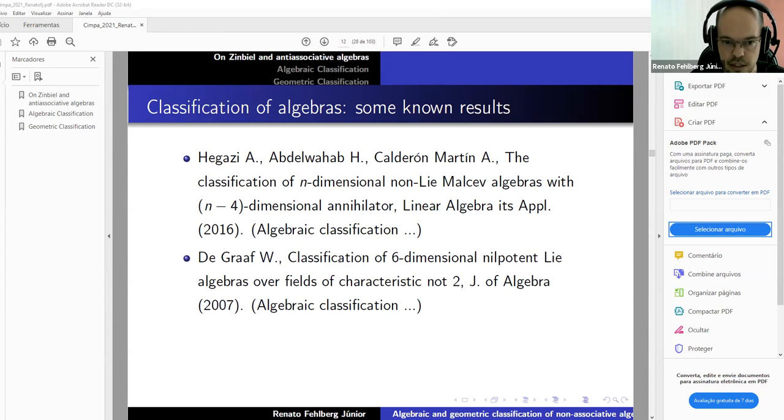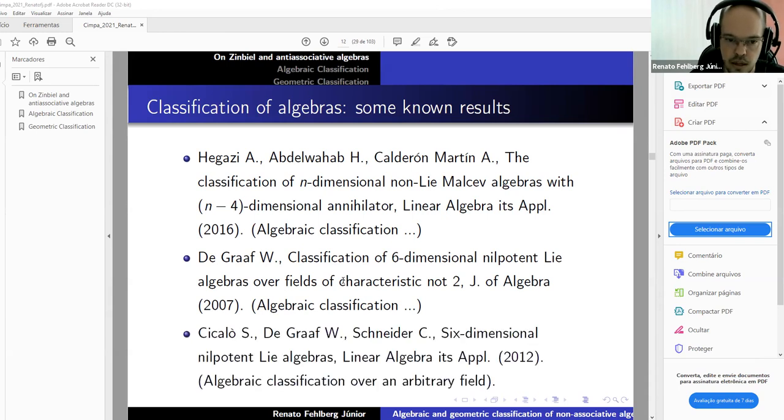In this paper by de Graaf, it was done the algebraic classification of 6-dimensional nilpotent Lie algebras, here with some restriction about the field. And some years later, it was done the full classification over an arbitrary field, the algebraic classification of 6-dimensional nilpotent Lie algebras.